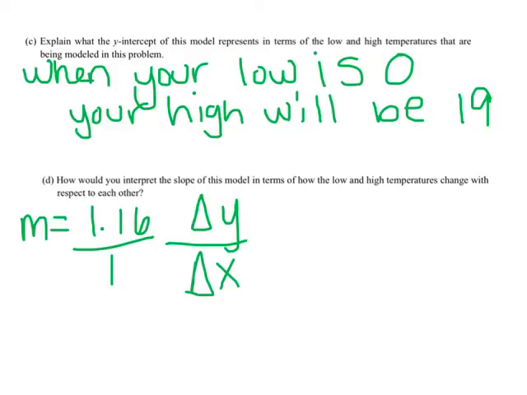So your slope grows gradually. For every 1 degree Fahrenheit increase in the low temperature, the high temperature increases by 1.16. My question to you is, will my low ever catch my high? The answer to that question should be no, because my high temperatures increase more rapidly. My high temperature, which is my y, increases faster than my low temperatures.